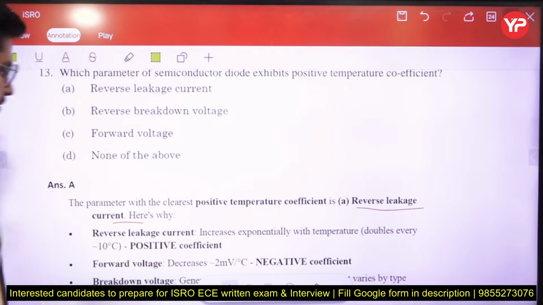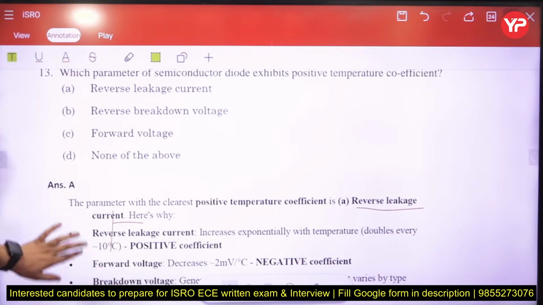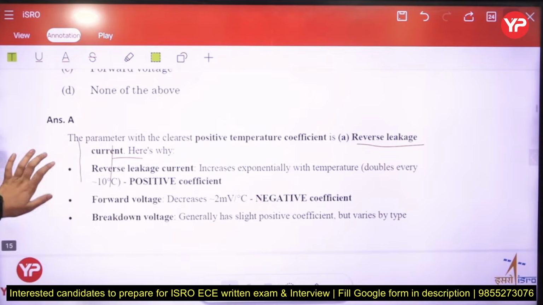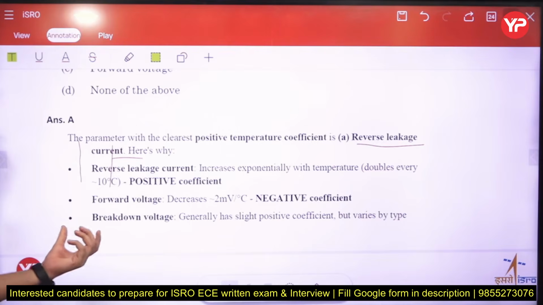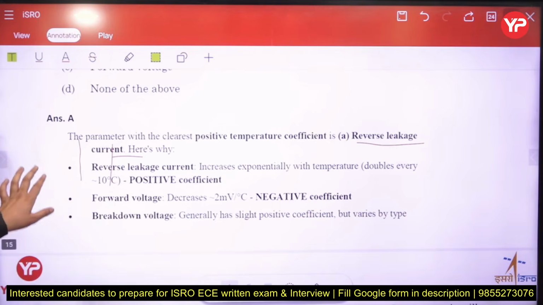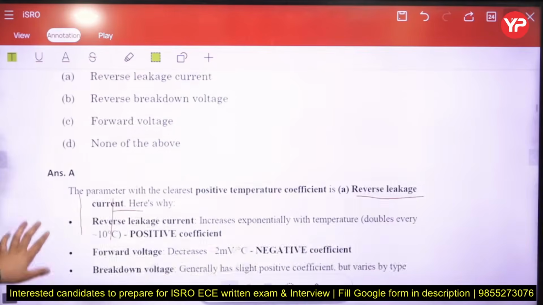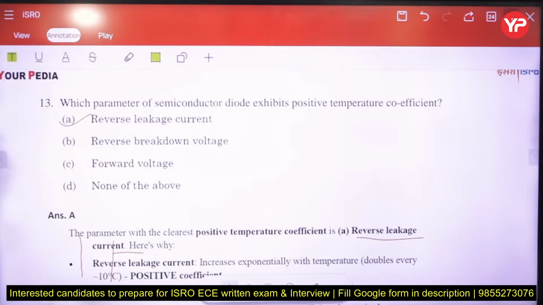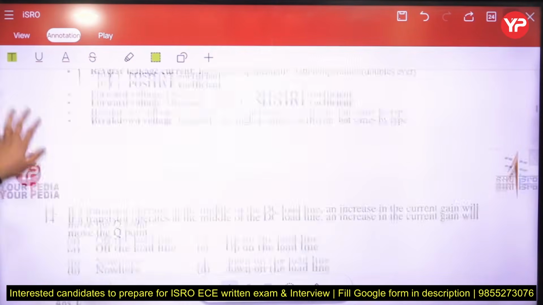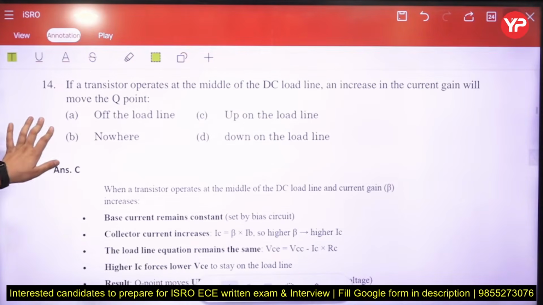Reverse leakage current or reverse saturation current will double at every 10 degree rise in temperature. Forward voltage will decrease, and breakdown voltage generally has a slight positive coefficient, but varies by type. So there is one parameter, reverse leakage current or reverse saturation current, that will double every 10 degree rise in temperature, right?